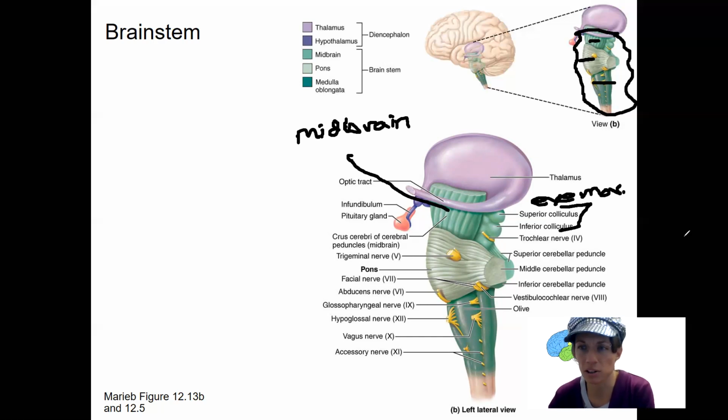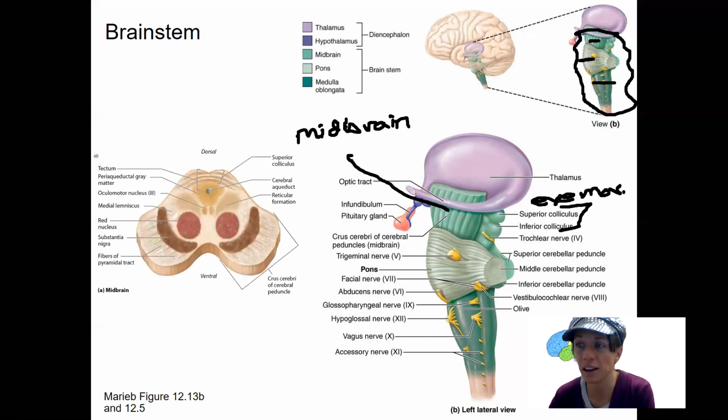So with that view, I want to go here and show you a cross section of the midbrain. This is the midbrain here. There's a couple different nuclei that are important for movement in the midbrain. One is the red nucleus, and the other one is the substantia nigra. I'm not going to talk about that a whole lot, but if you're interested, you can read more about it.